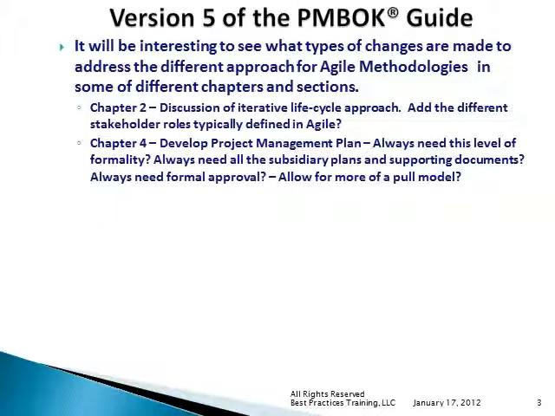In Chapter 4, Integration Management, where they discuss the 6 processes there, they discuss develop project management plan, and it's a very formal plan. It must be approved. It must have all these subsidiary plans. We should track and support the project management plan with all these other 38 project documents.